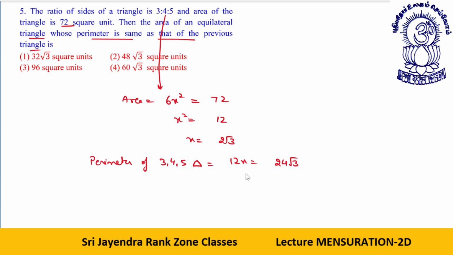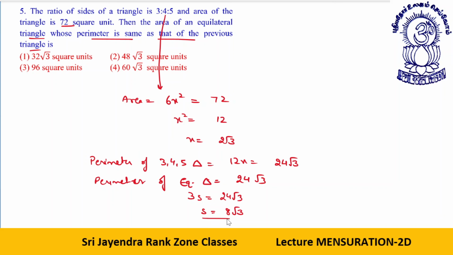Next thing, we need the area of an equilateral triangle whose perimeter is the same as that of the previous triangle. The perimeter of the equilateral triangle is again 24 root 3. This means 3s is equal to 24 root 3, so s is equal to 8 root 3.